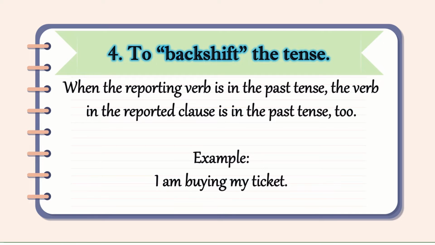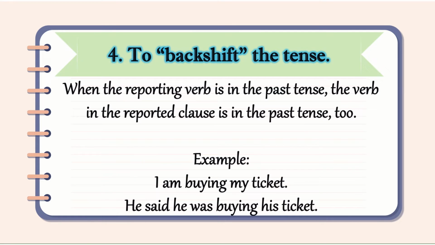I am buying my ticket. So, the present continuous, right? If you want to say it in reported speech, he said he was buying his ticket. So this is the present continuous in the first one, but when you're going to say it in reported speech, you have to say it in past continuous, right?